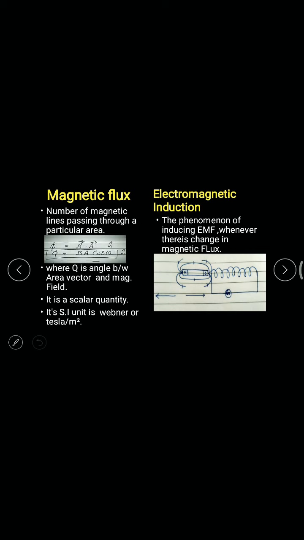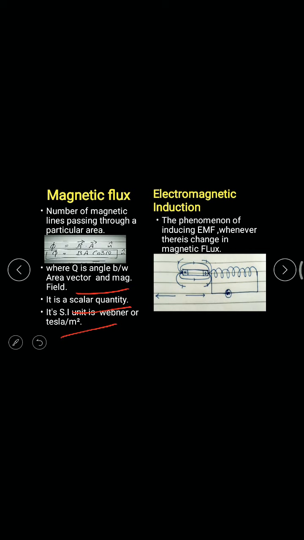You can specify the direction by n cap. Magnetic flux is equal to magnetic field into area vector into cos theta, where theta is the angle between area vector and magnetic field. Magnetic flux is a scalar quantity and its SI unit is Weber or Tesla meter square.